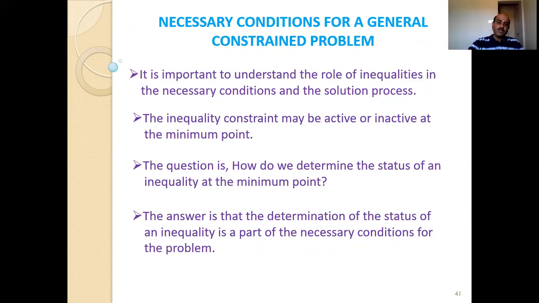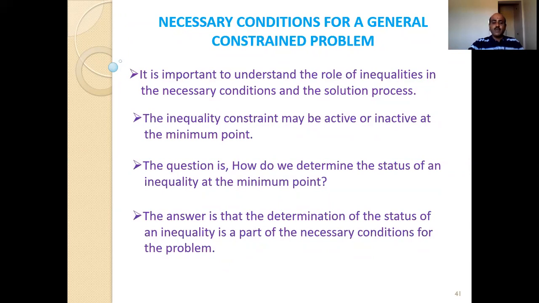In the sense, what I need to say here is, the necessary conditions need to be determined for a general constraint problem, which consists of both equality constraints as well as inequality constraints. Okay. And here the question is, how do we determine the status of an inequality at the minimum point?